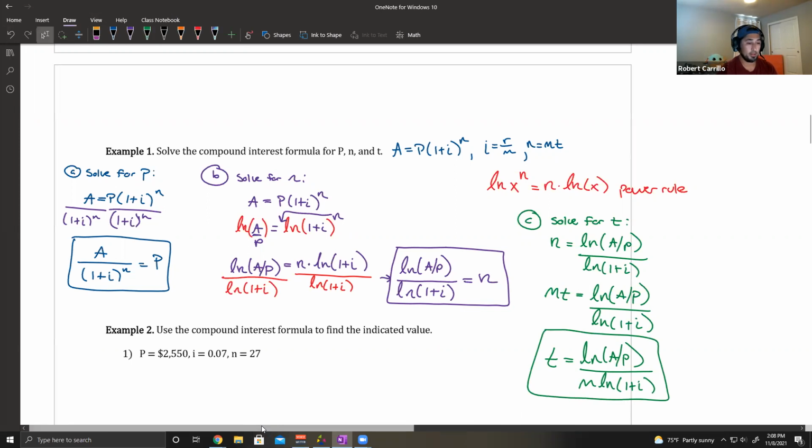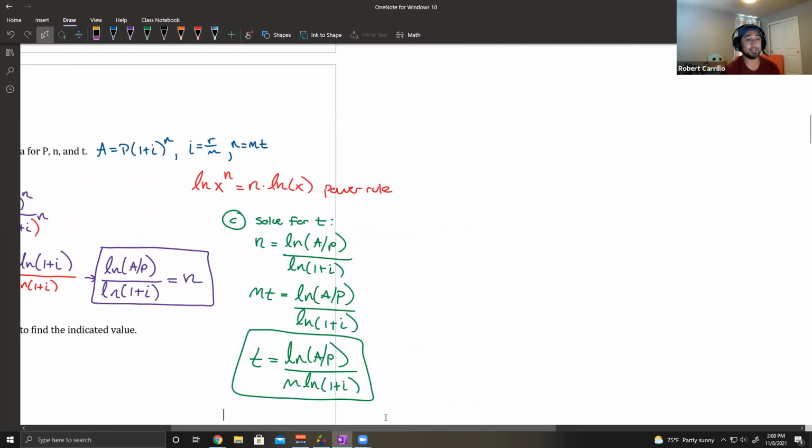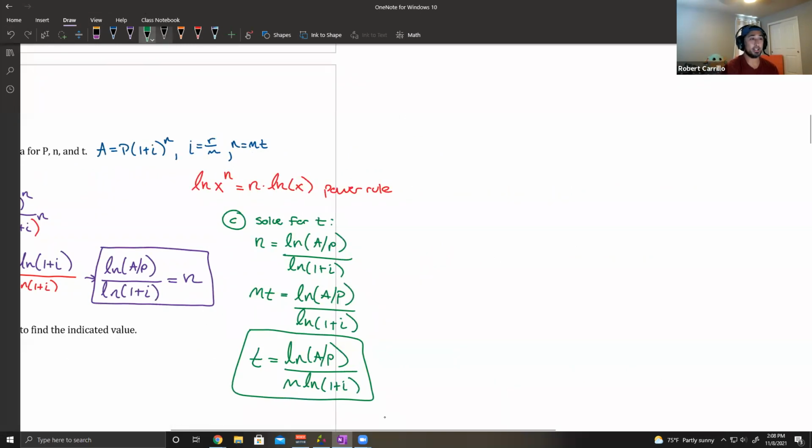All right. And there's actually one more formula we can make for this, and it's just going to be solve for m. We're going to start right here. You have mt equal to the natural log of A over P over the natural log of 1 plus i.